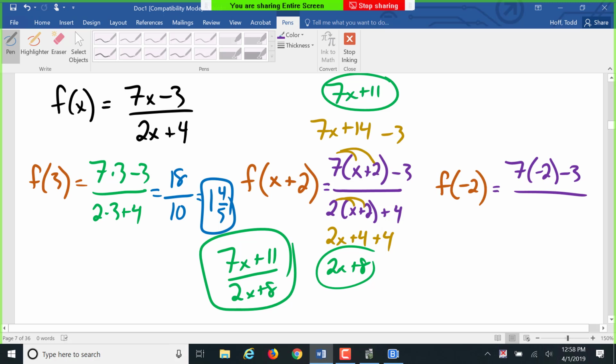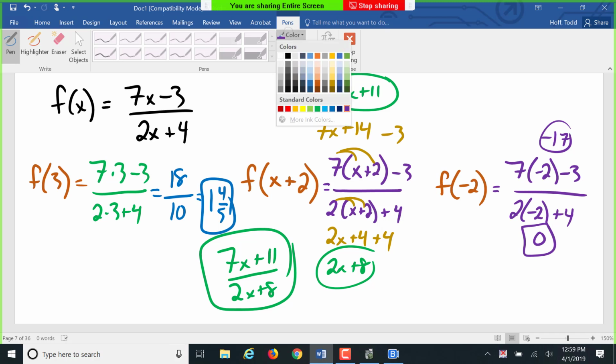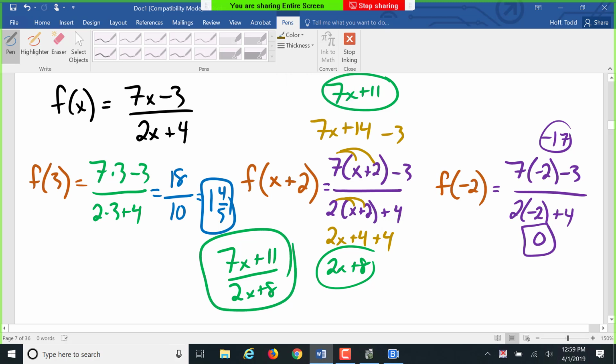That's negative 14 minus 3, which is negative 17. But on bottom, we have 2 times negative 2 plus 4. That's negative 4 plus 4, which is 0. If we try to divide that out in our calculator, it doesn't work. So we cannot evaluate f of negative 2.